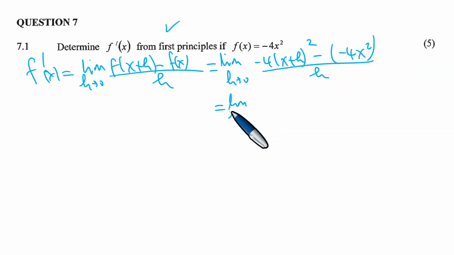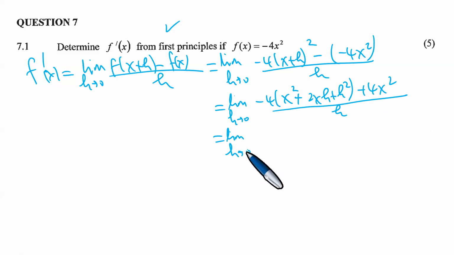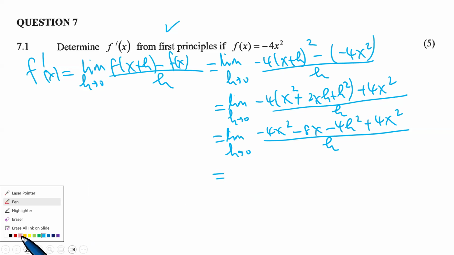Which is minus 4 times x squared plus 2xh plus h squared, plus 4x squared, divided by h. Which is minus 4x squared minus 8xh minus 4h squared plus 4x squared, we divide everything by h.